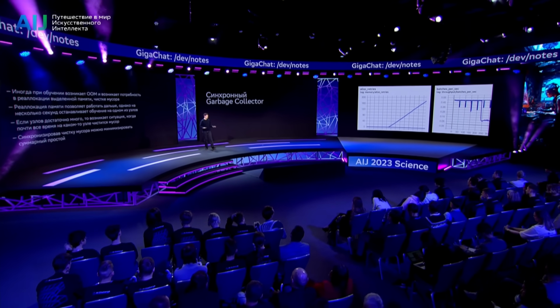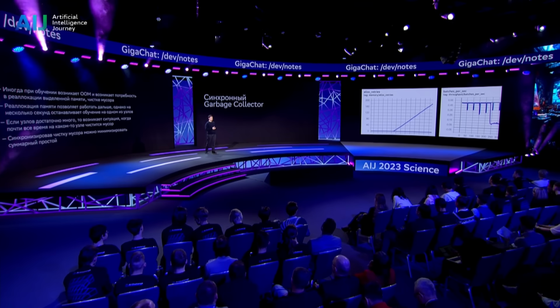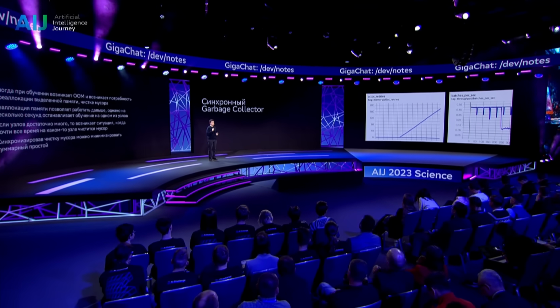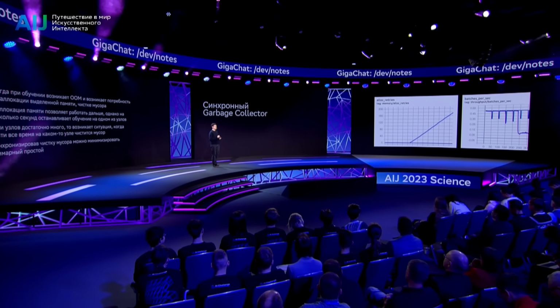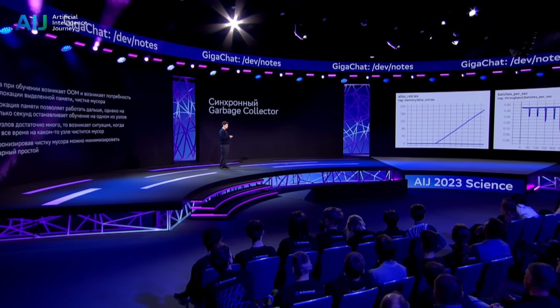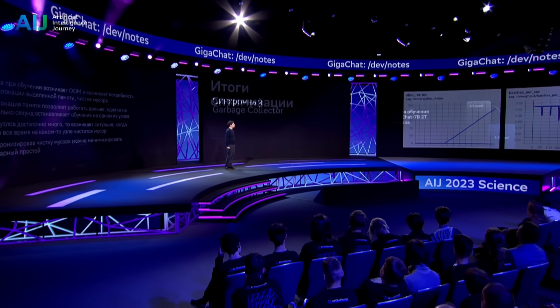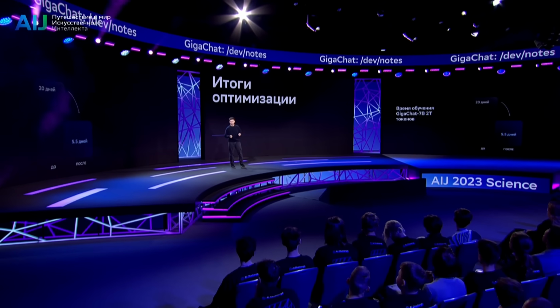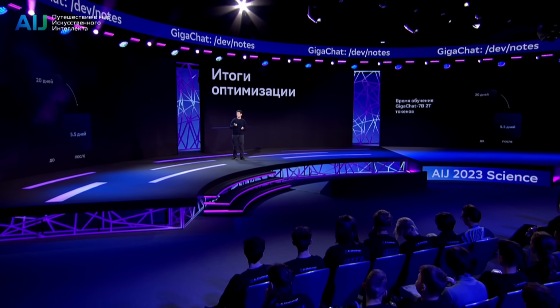Our solution was to clean up the memory across all the nodes at a certain iteration. At that point we slow down, but we remove this strange effect. This provided a very big boost to the speed of training. As a result of all these optimization methods, with this 7B model, we reduced the training time to 5.5 days.